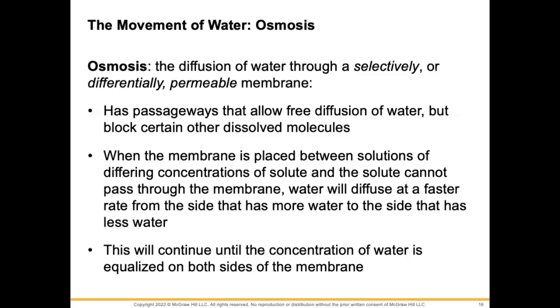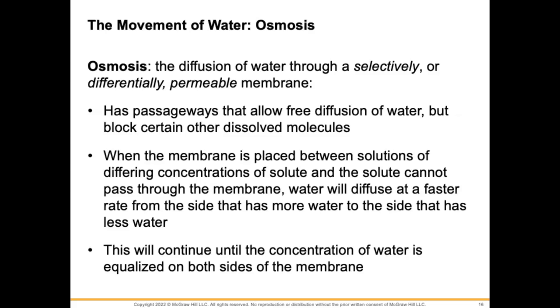All right, so osmosis is the movement of water. So diffusion is the movement of solids. Osmosis is the movement of water, and that is across a selectively or differentially permeable membrane. I usually just describe it as a selectively permeable membrane. So it's going to be selective about what it allows through.